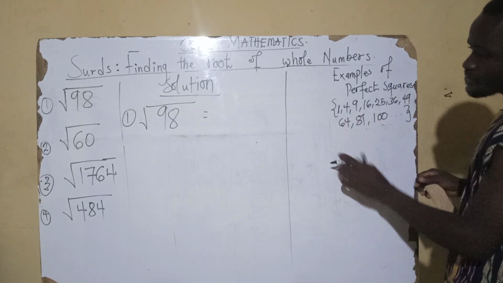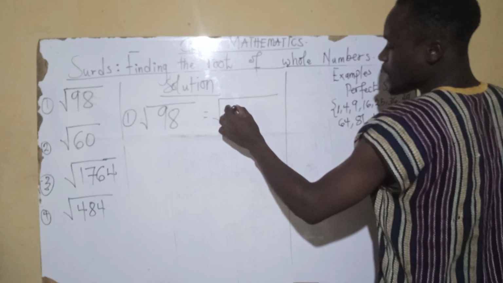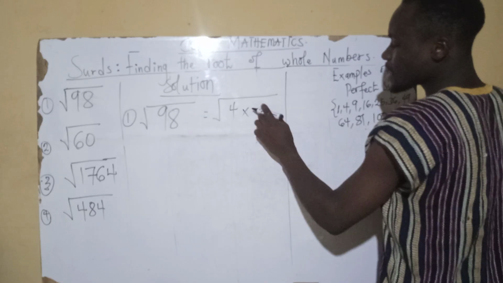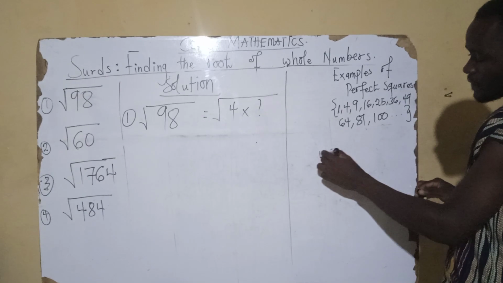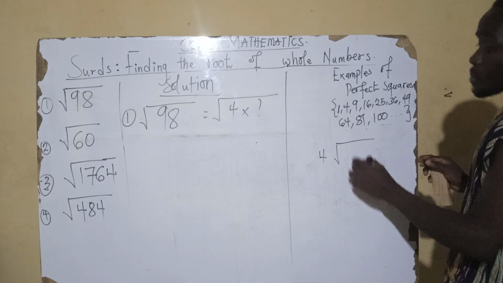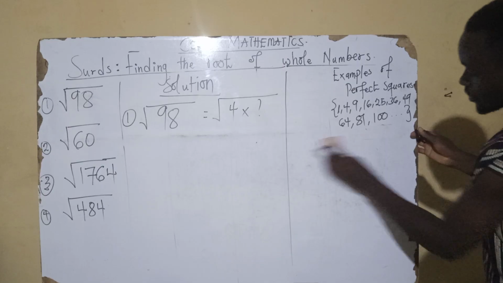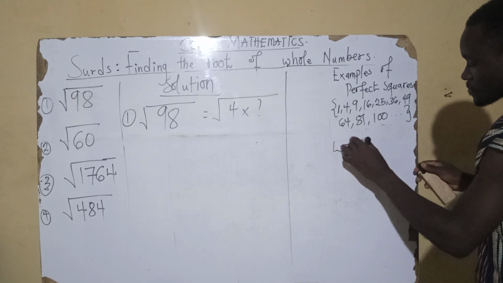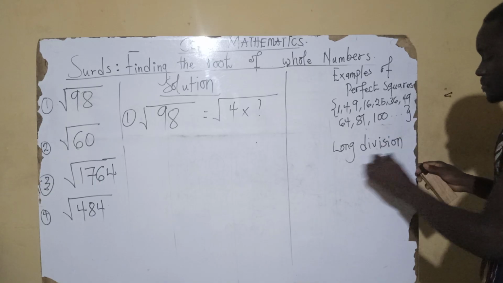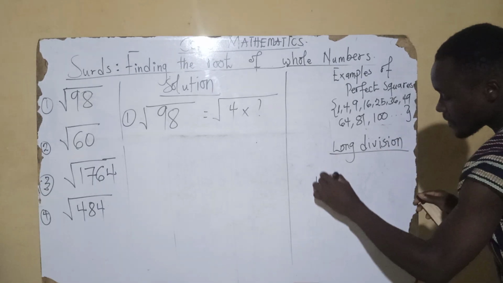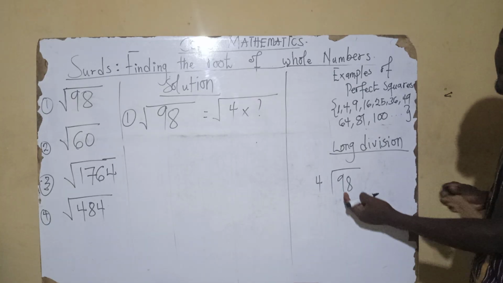Now with 4, I'm going to check: 4 times what number will give me 98? With the help of long division, I'm going to get 98 here. 4 goes into 9 how many times? 2 times.